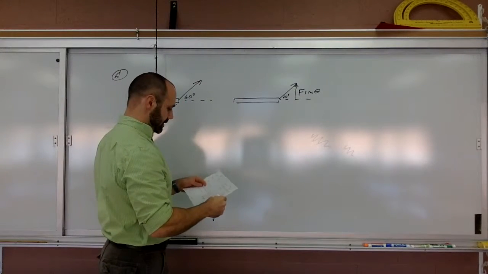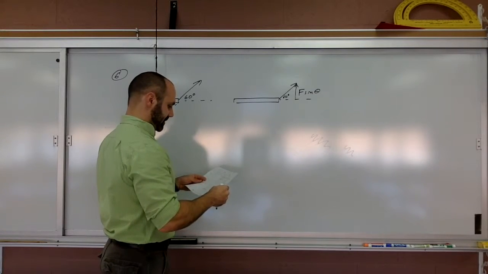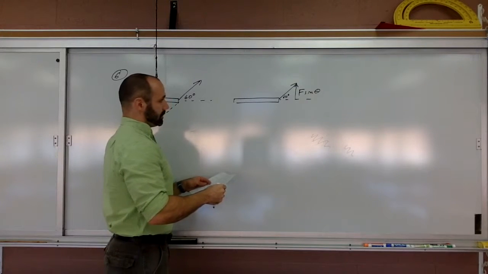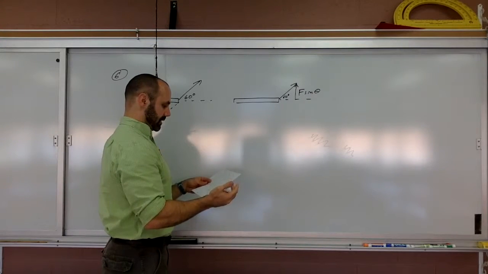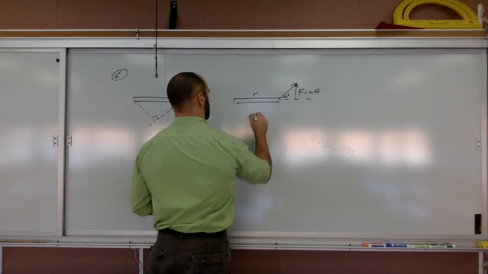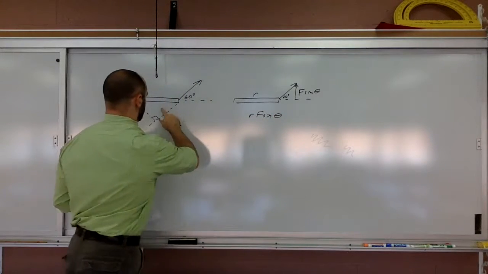And so here in this case, do we actually have a number? We don't actually have a number for this, but it would be R F sine of theta. And sine of theta also gives you this, right?